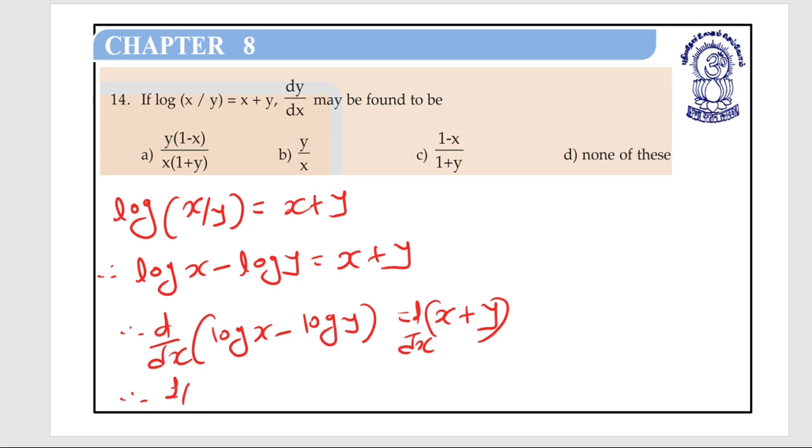So 1 upon x minus 1 upon y dy by dx is equal to 1 plus dy by dx.